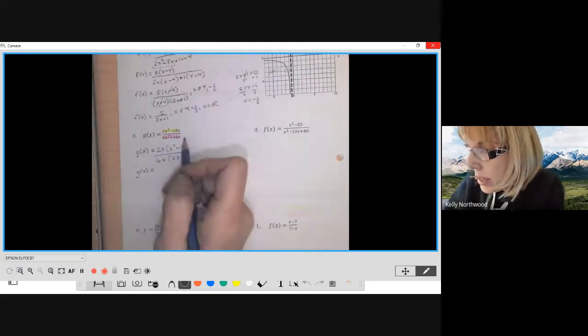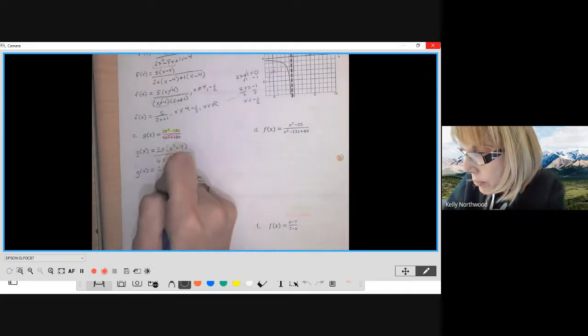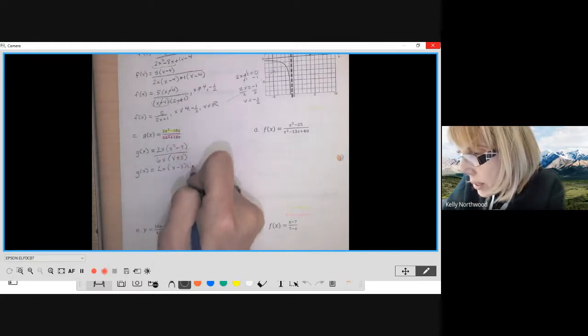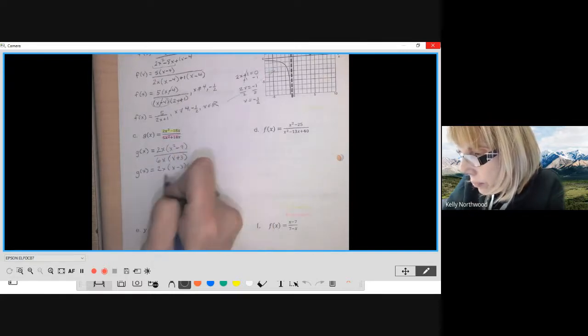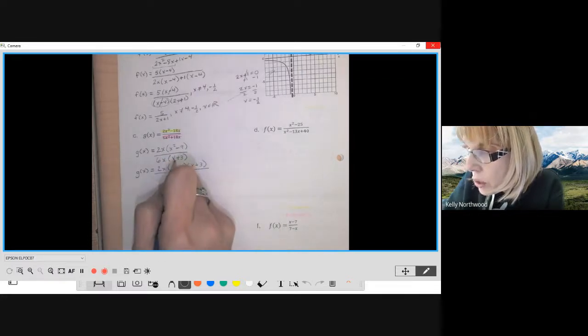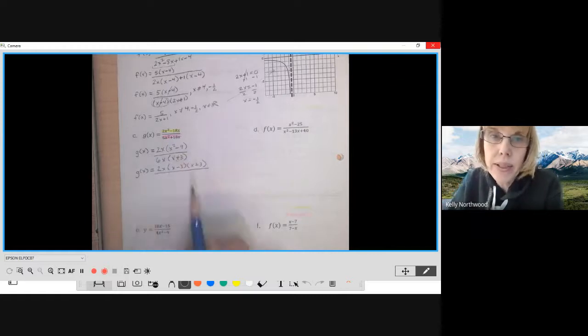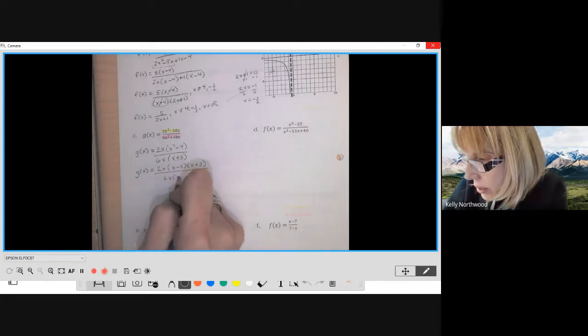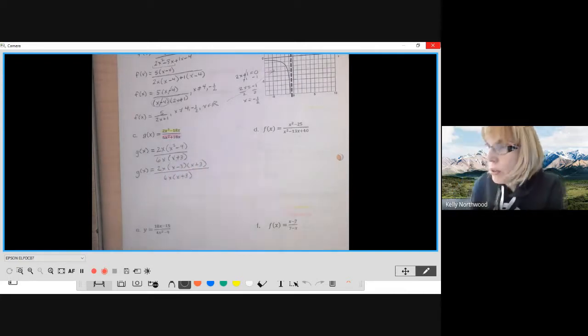So I can still keep factoring the numerator, because x squared minus 9 is x minus 3 times x plus 3. But in the denominator, I have two terms in my brackets, but it's not a difference of squares. x plus 3 is not a difference of squares, so it can't factor any further. So now I've fully factored the numerator and the denominator.